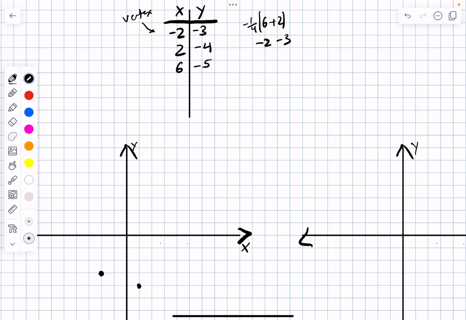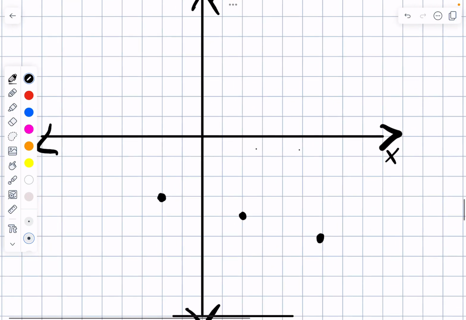Okay, sorry, this is here. Then 1, 2, 3, 4, 5, 6, like this. So then I have, this is going this way.